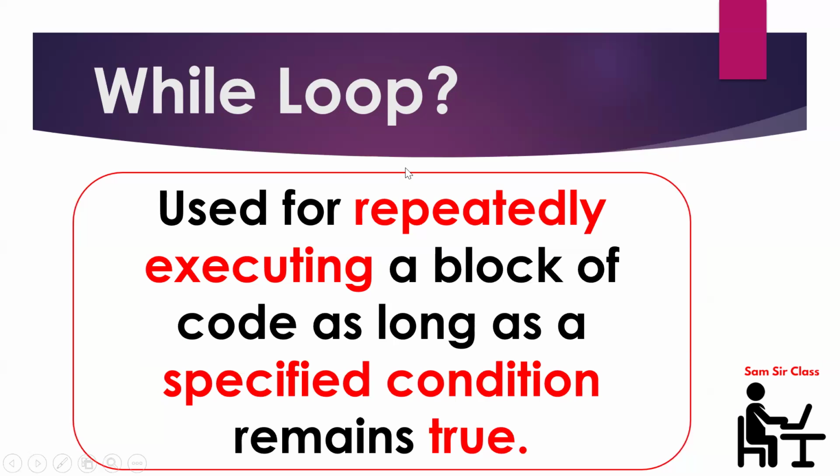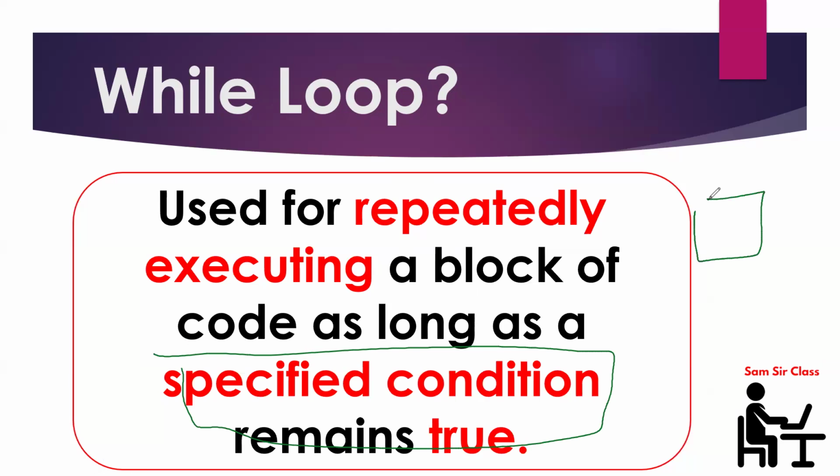That means you execute the block of code repeatedly until a specified condition remains true. You know that this portion of code needs to be executed 10 times, and this particular code 50 times. So if you know how many times you need to execute a particular code, then you will go for a while loop.